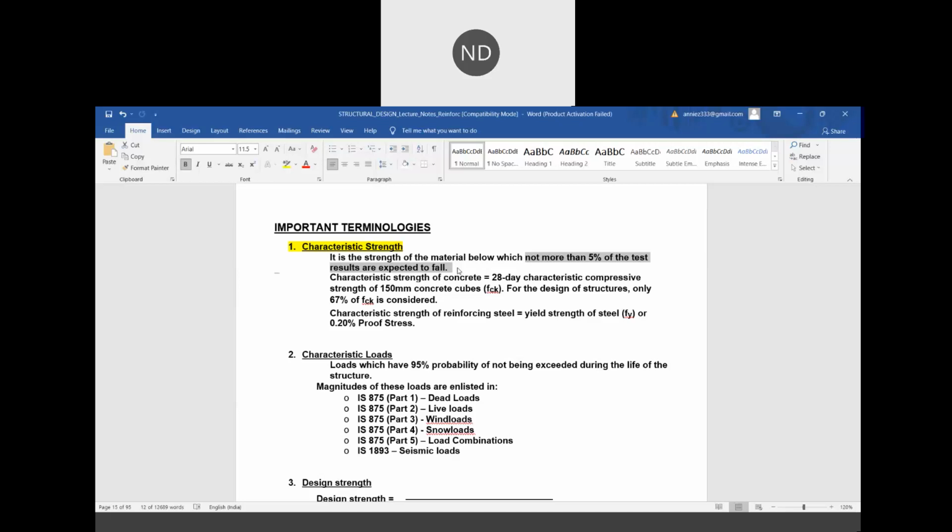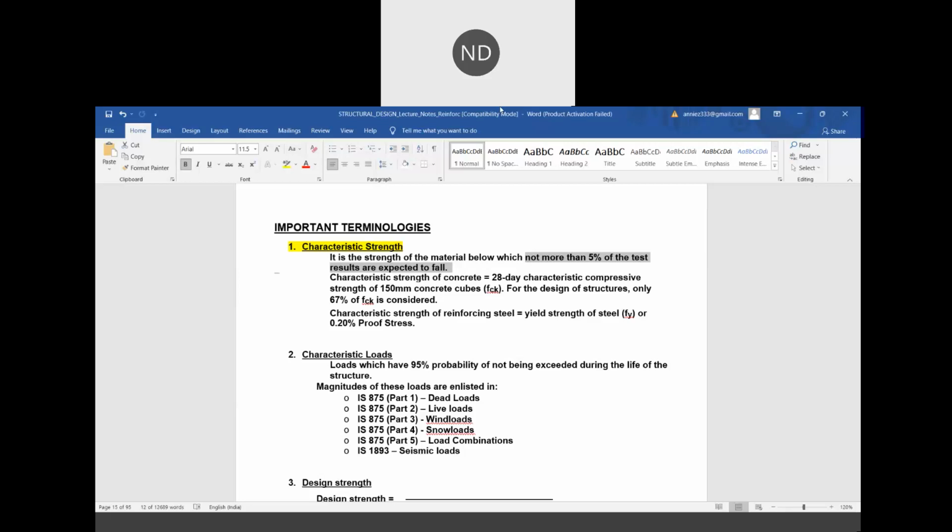That means very little chance. Below this 10 kilonewton, only 5% is going to fail. The remaining 95% is safe. That is the characteristic strength.